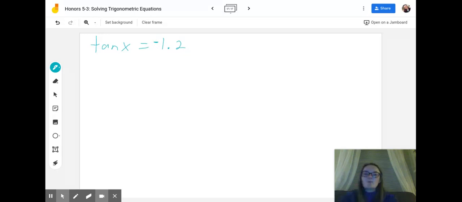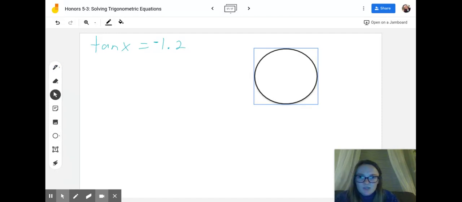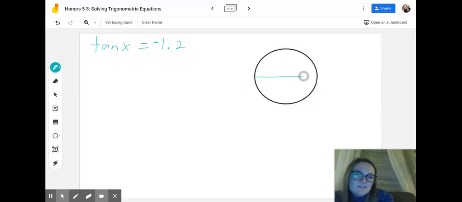So the first thing that I want to do is determine on my unit circle where tangent is going to have a negative value. Where is tangent going to be a negative 1.2? Well, that requires me to make that statement, all students take calculus. If I write all students take calculus, tangent is positive.